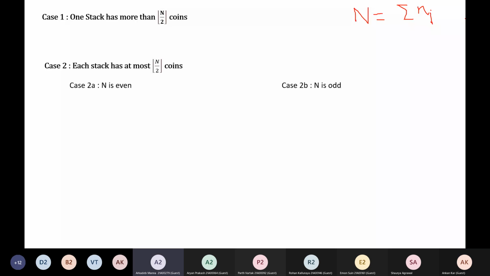Sir, for case 2, all the stacks will have an equal number of coins? No, I said at most. It can be different, right? If it is at most n by 2 coins, that means always either less than n by 2 or equal to n by 2.